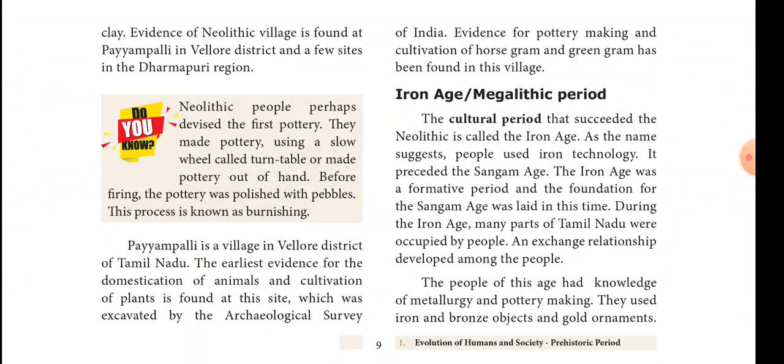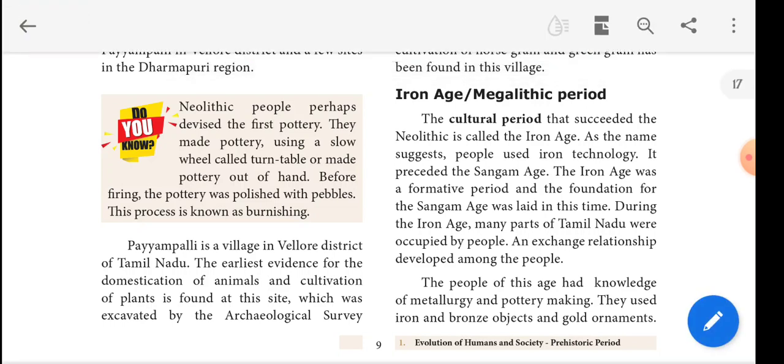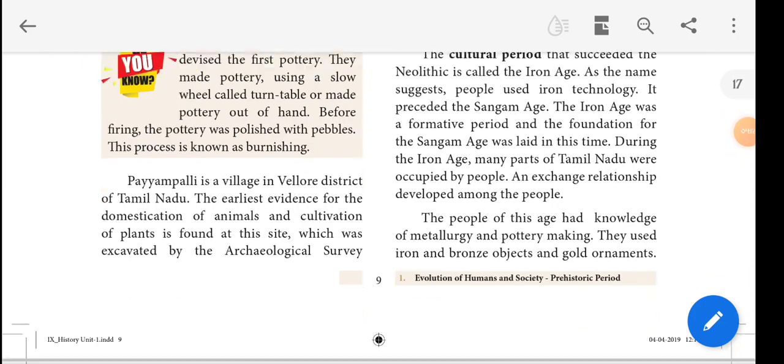So finally we discussed the megalithic period. In the megalithic period, what succeeded the Neolithic is called the Iron Age. And the Iron Age also we discussed.